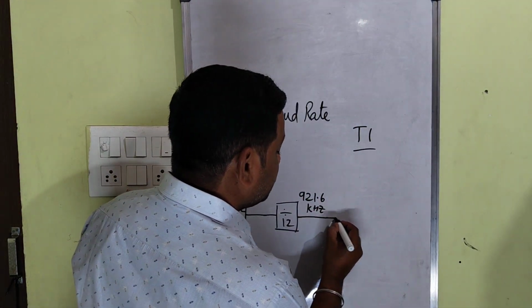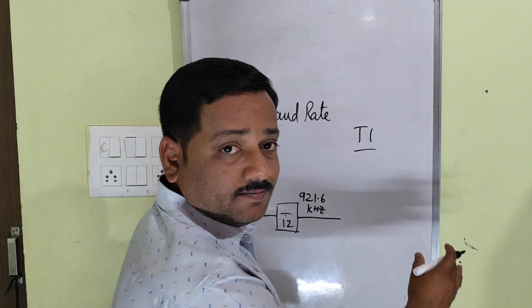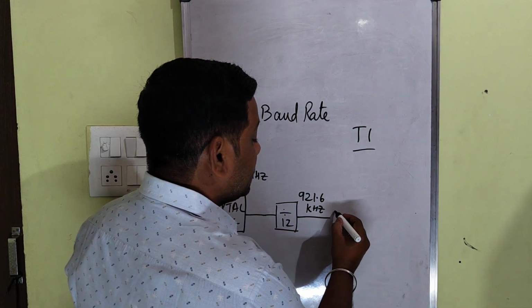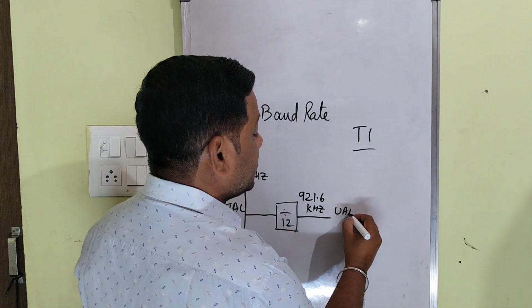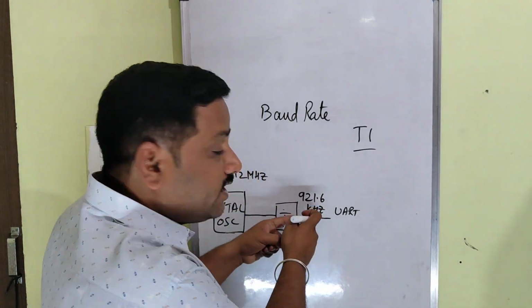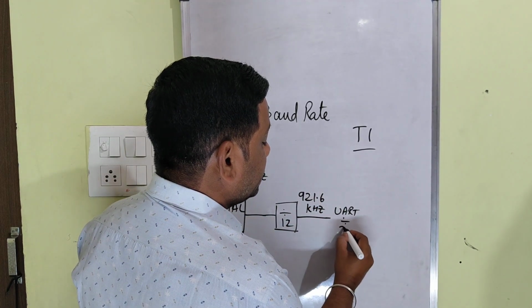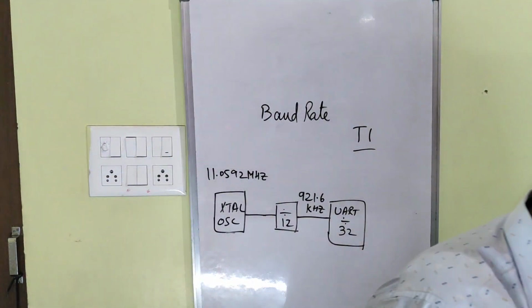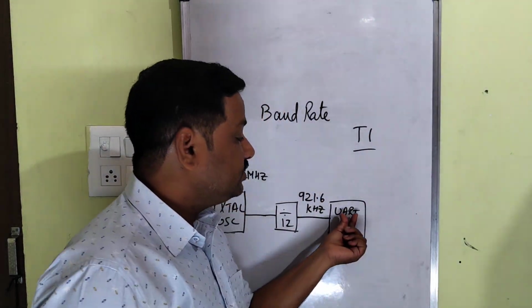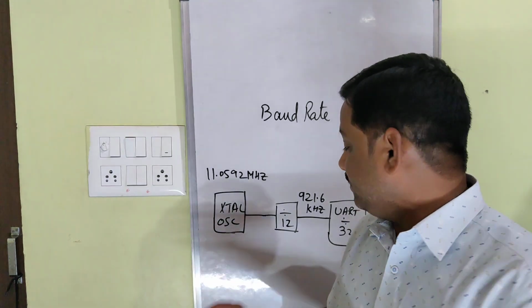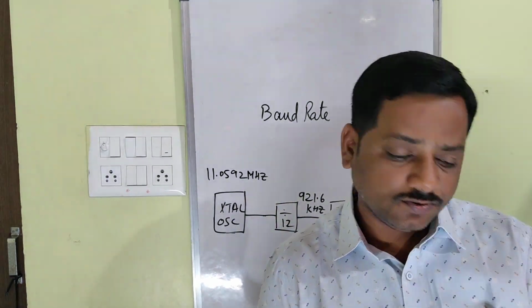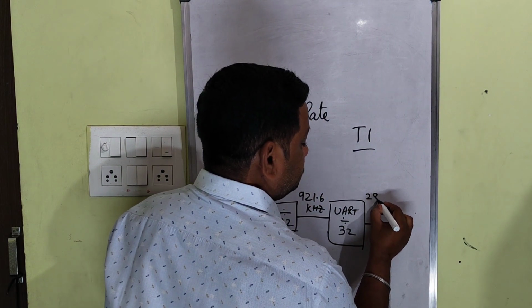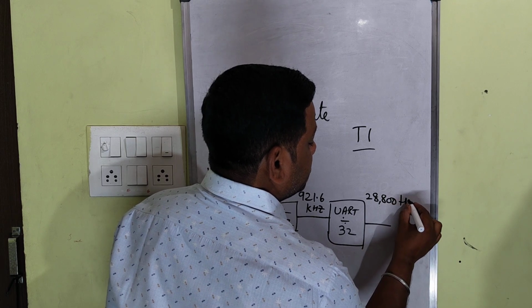Now this machine cycle frequency will be given to a timer, but before that, when we are using it for serial communication, we already said that we have the UART. This UART chip will further divide the machine cycle frequency by 32. Once we divide it by 32, the frequency we get is 28,800 hertz.